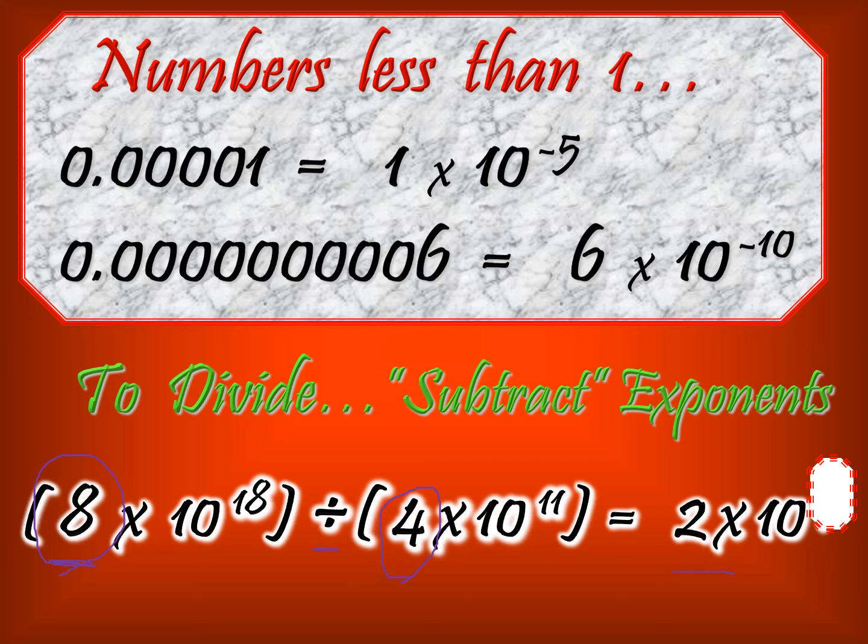So the first number, the 18, minus the second number, which is the 11, what does that give me? That gives me 7. So 8 times 10 to the 18th divided by 4 times 10 to the 11th is 2 times 10 to the 7th. So notice how easy that is. If they're put in scientific notation, it becomes very, very easy to multiply or to divide.